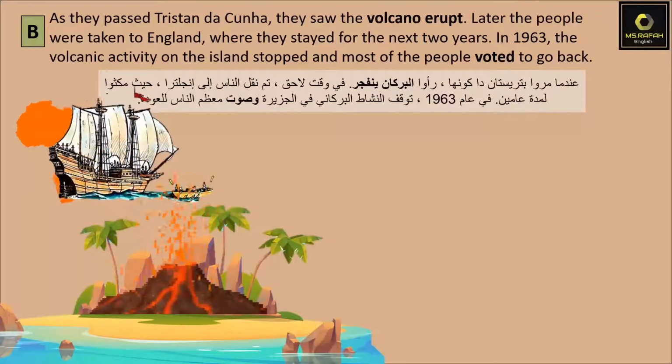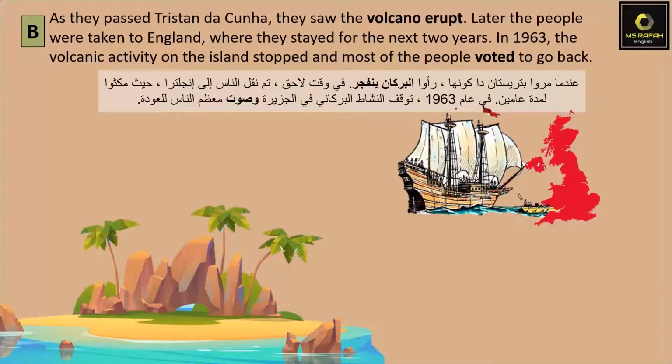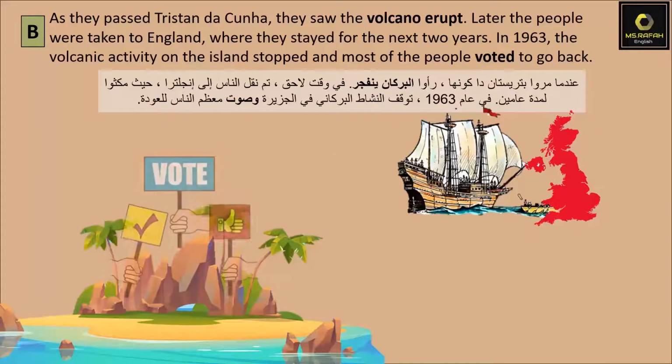Later, the people were taken to England, where they stayed for the next 2 years. In 1963, the volcanic activity on the island stopped, and most of the people voted to go back.